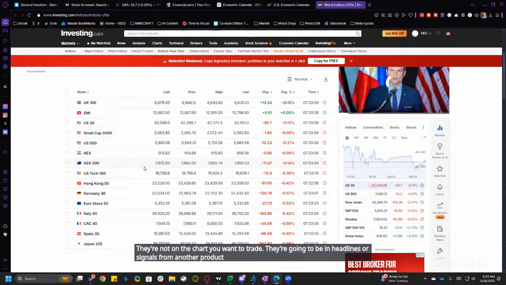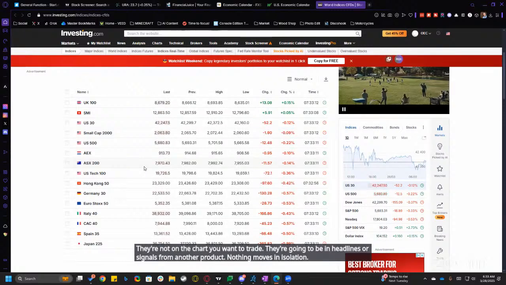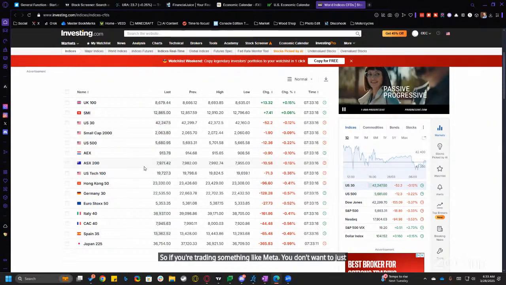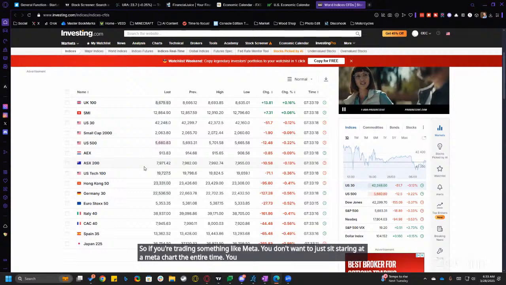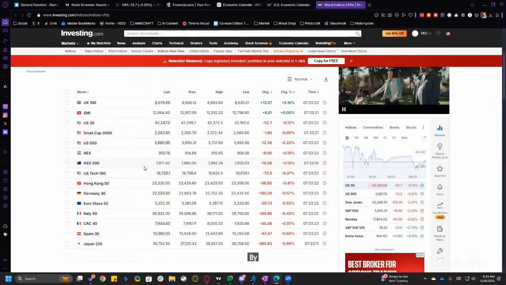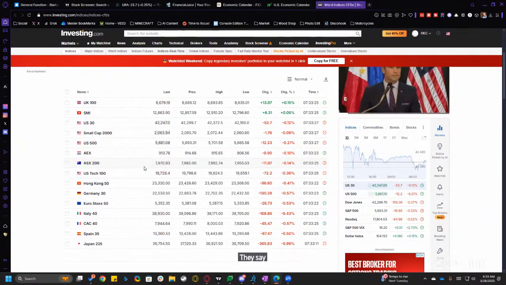Nothing moves in isolation. So if you're trading something like Meta, you don't want to just sit staring at a Meta chart the entire time. You want to look at other things that could be affected by Meta or would move in step with Meta. They say price is king, and one of the best indicators you could ever use is price.